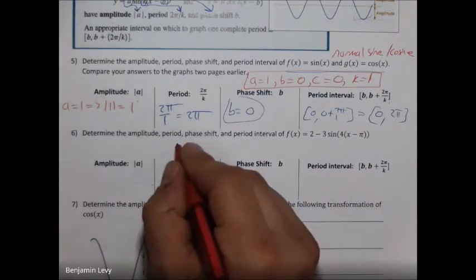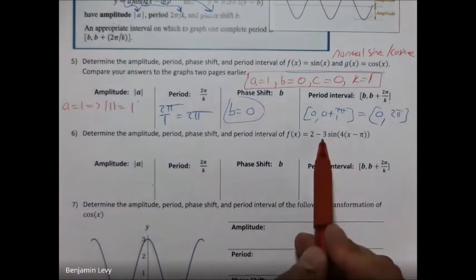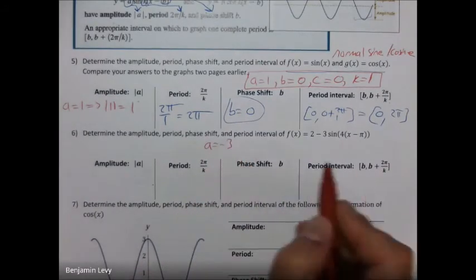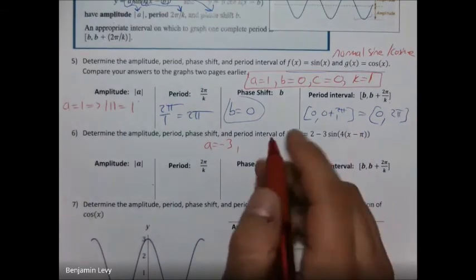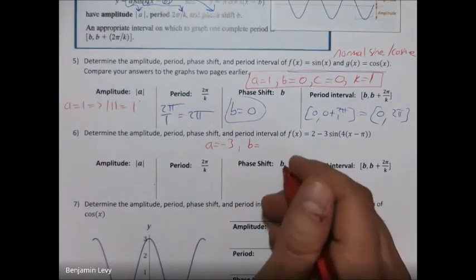A is the number multiplying out front, and so A is -3. Right, B is the number that's being subtracted from x, so B is pi.